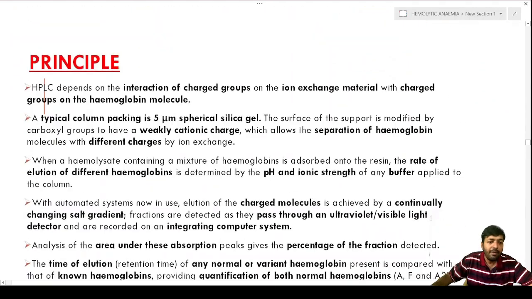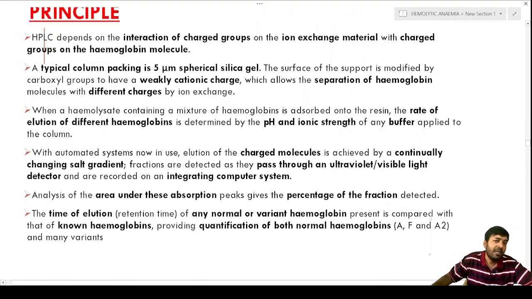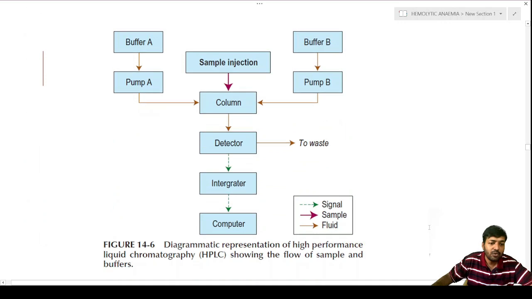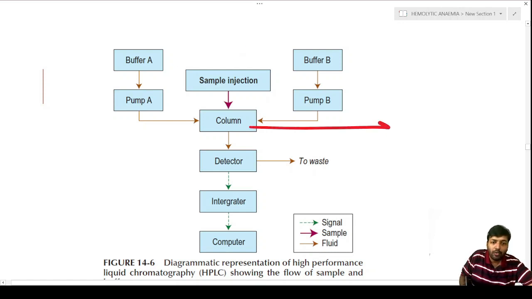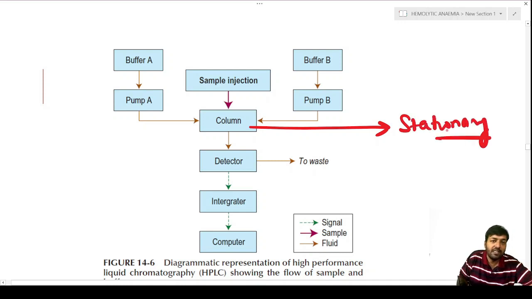Okay. So coming to the method of how the HPLC works. First I am just going to make you understand the working of basic HPLC. Remember over here that there is basically a column. This is the column which is the stationary phase. The column, which is nothing but the silica gel column, is the stationary phase.